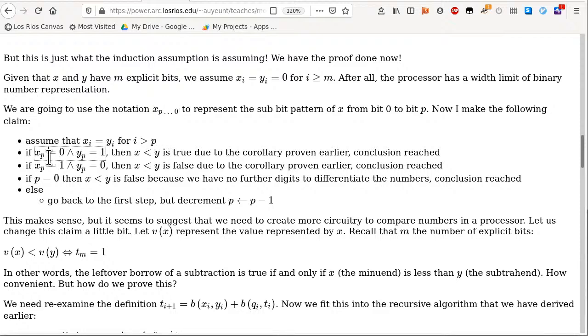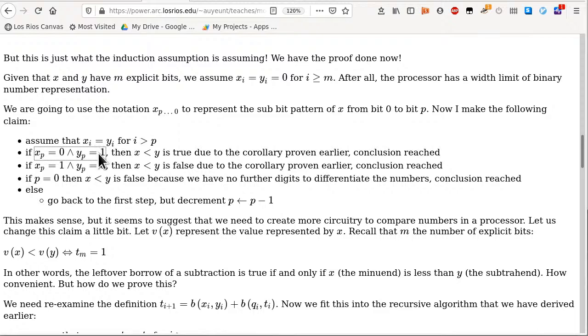So when we get down to p, when we look at bit p of x and bit p of y, then we can have several scenarios. The first scenario is when xp is 0 and yp is 1. Now remember, xi and yi are identical for all the indexes i that is greater than p.